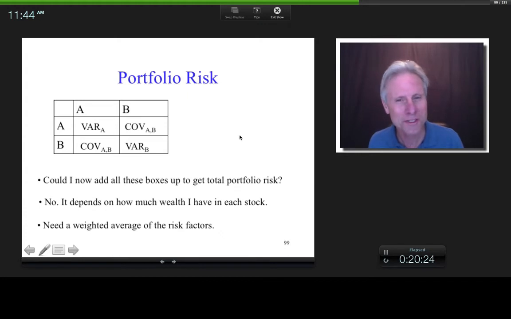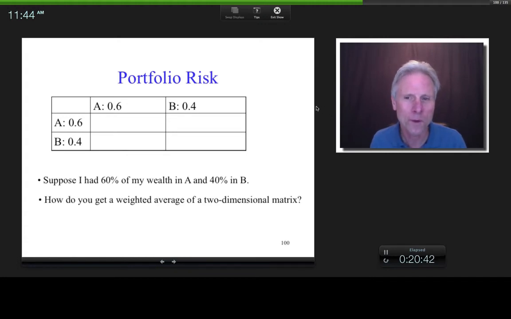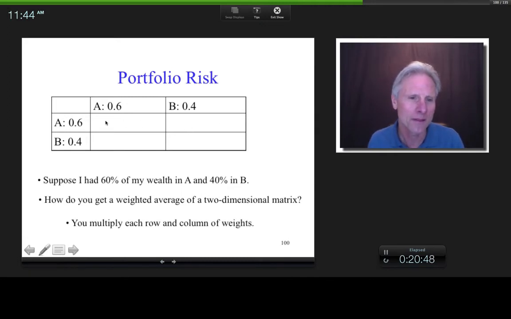So the question is, how do you apply a weighted average? How do you get the weights for a two-dimensional matrix? Well, let me illustrate. Suppose I had 60% of my money in A and 40% in B. The way you figure out what weights to apply here is you multiply the rows and the columns.